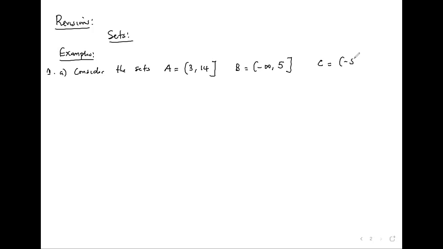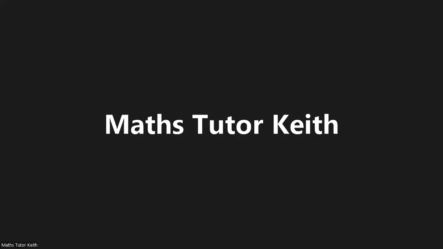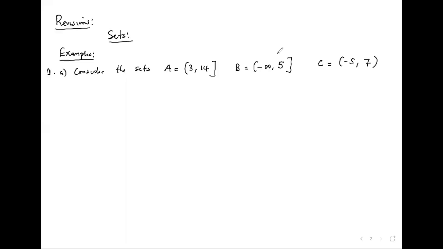C, negative 5 to 7. Okay, so you should be able to get me now. And the universal set is R, the set of real numbers. Find the following sets and display on the number line.